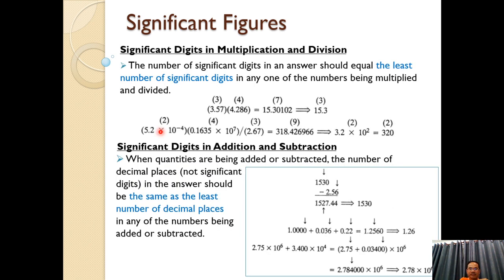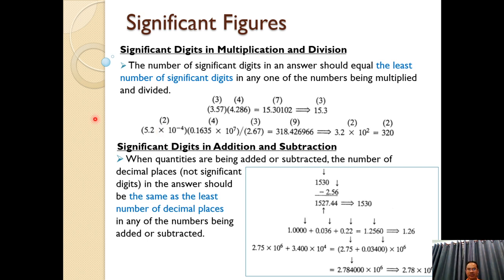Previously you talked about significant digits. But in this slide, we see how to count the number of significant digits based on the calculation. We have two rules: one for multiplication and division, and one for addition and subtraction. For multiplication and division, the answer is based on the least number of significant digits.